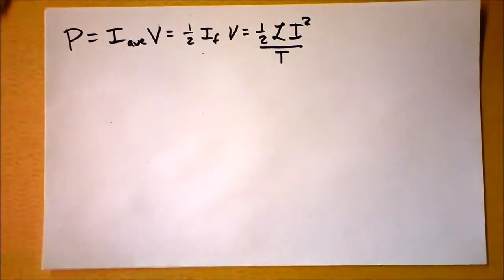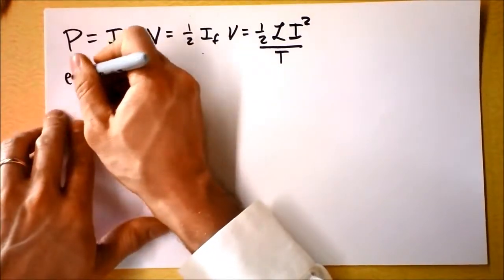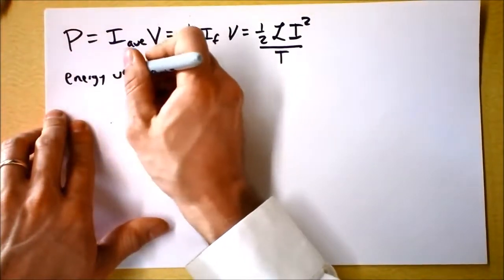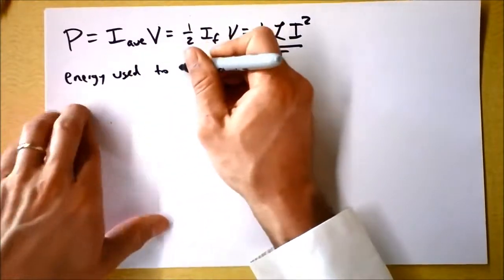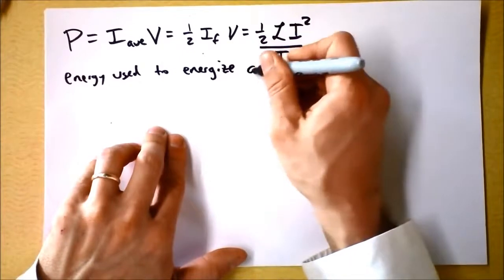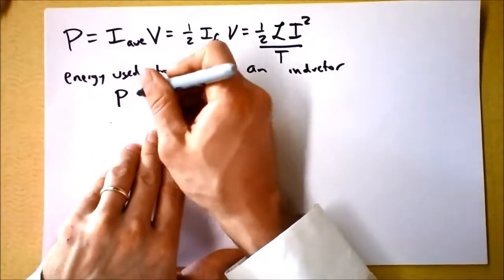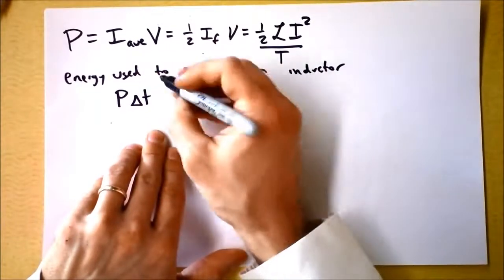What if I'm interested not so much in the power, but in the energy used to energize an inductor? Well, that's going to be the power times the time that it takes to energize it.